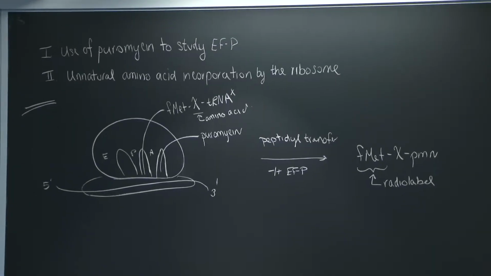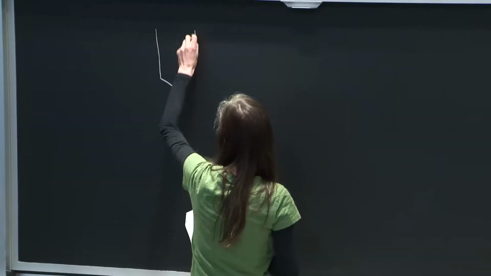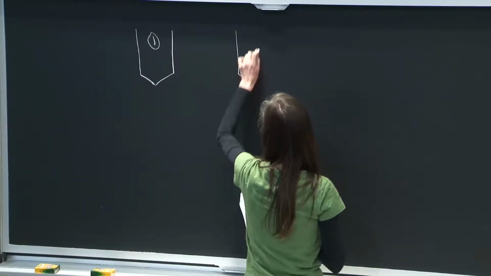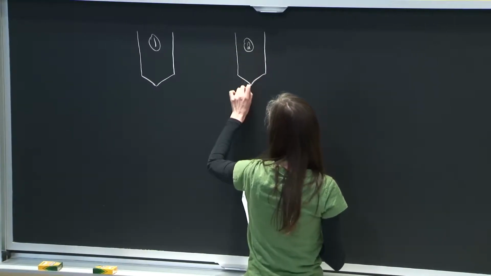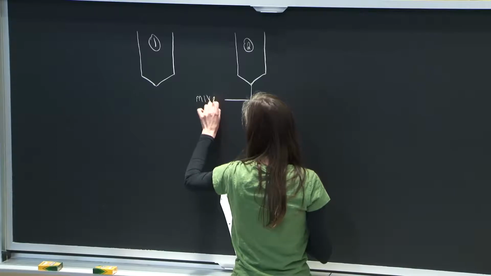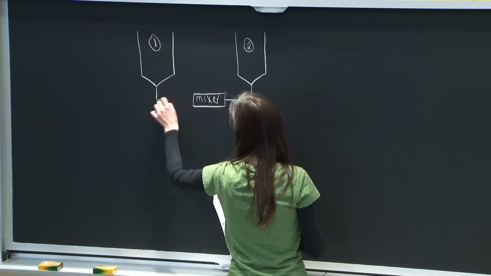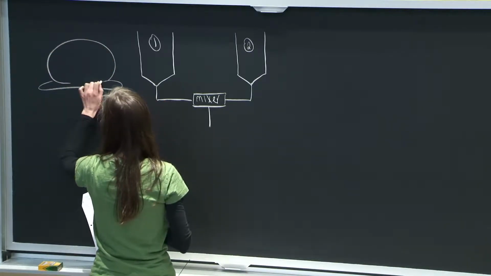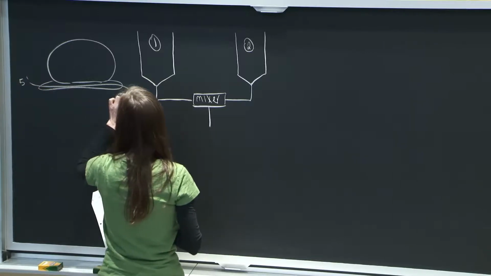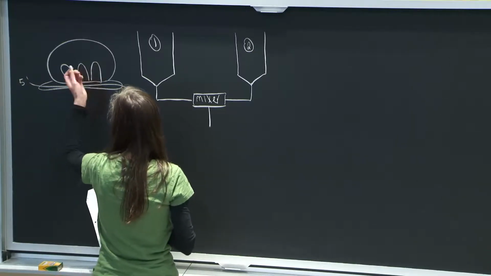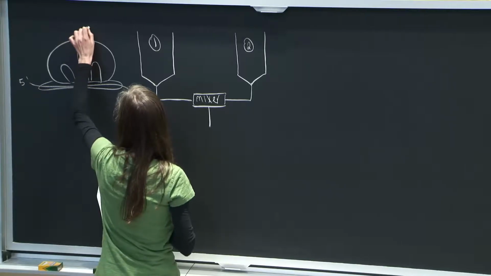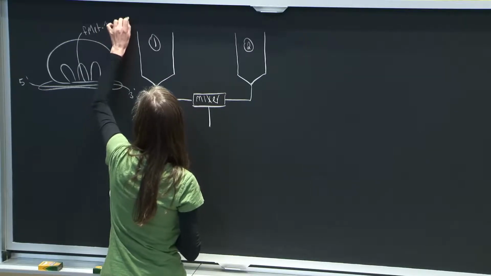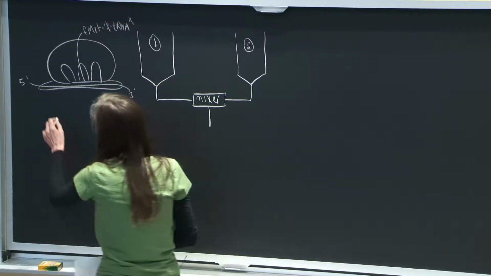If we think about this from the standpoint of the experiment and using the stop flow to rapidly mix, we have syringe 1 and we have syringe 2. And we have our mixer. So what are we going to put in syringe 1? Here we're going to have the post-translocation ribosome.